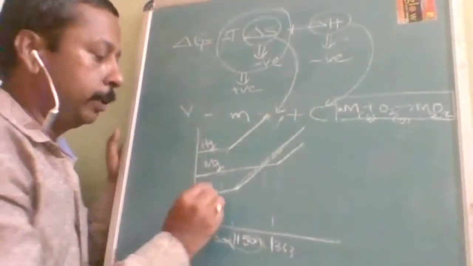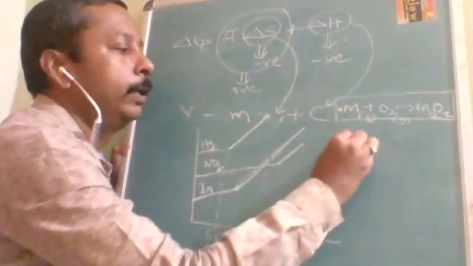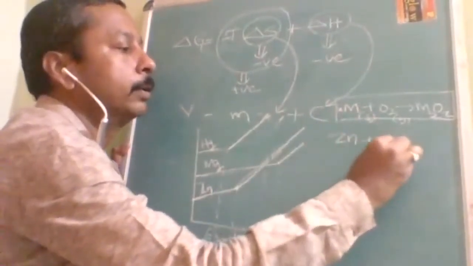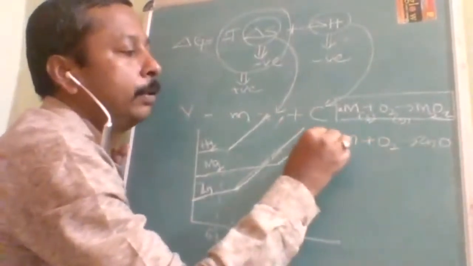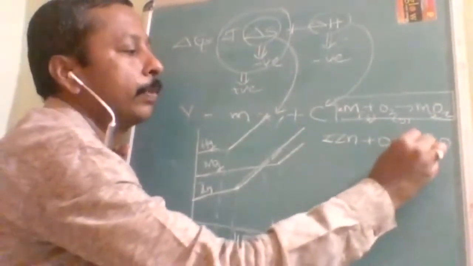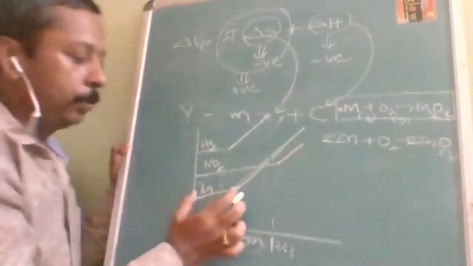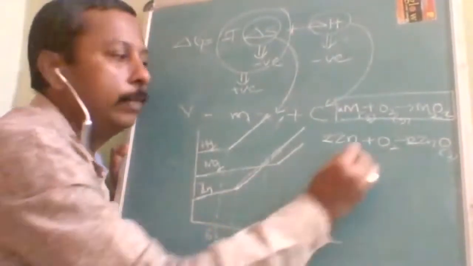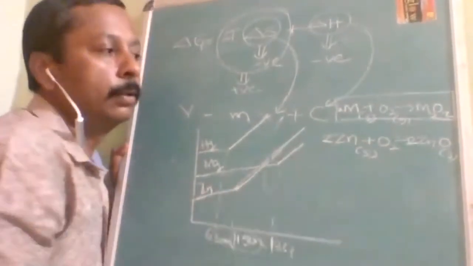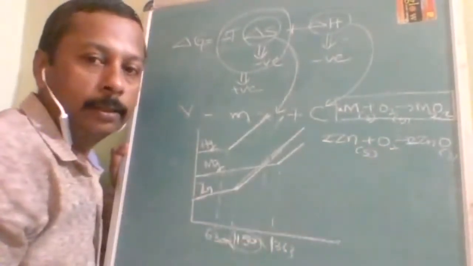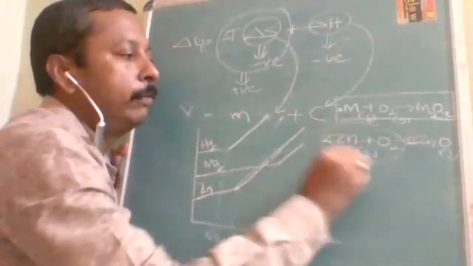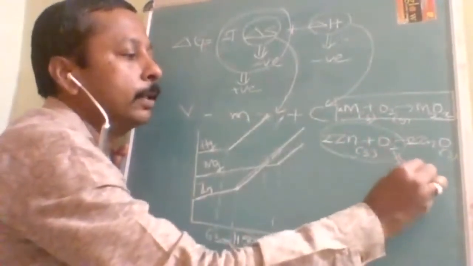So this is for zinc. Now, if I write here, 2 Zn plus O2 gives 2 ZnO, for balancing 2, and here it is 2. Is it understood? Up to this temperature, zinc is a solid, so the solid gets cancelled, and the entropy change is only because of the gas.